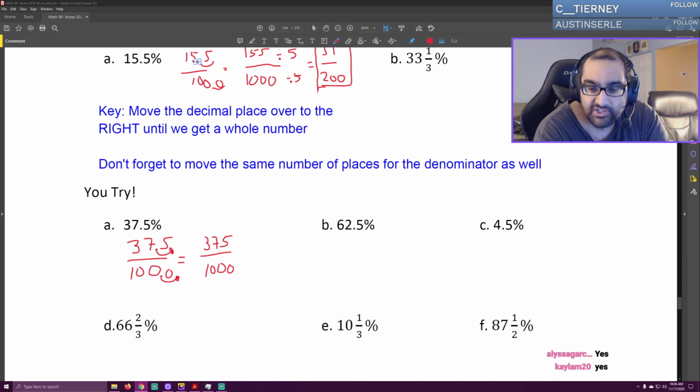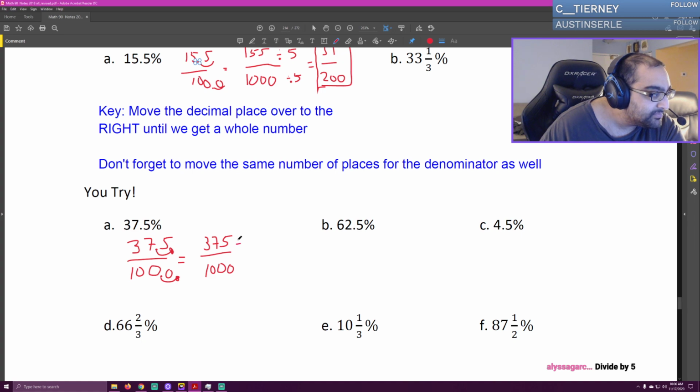What number do 375 and 1,000 have in common that we can divide by? Divide by 5, okay? So let's do that. Sounds like a plan.